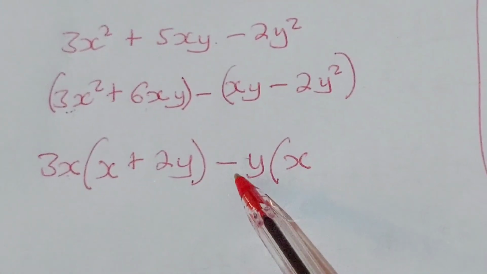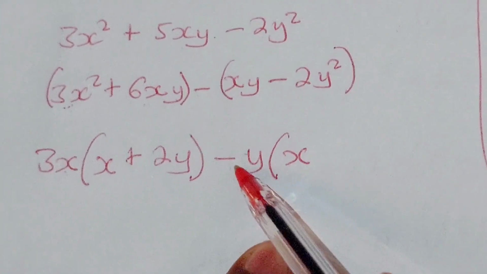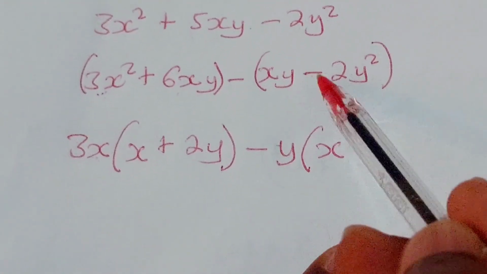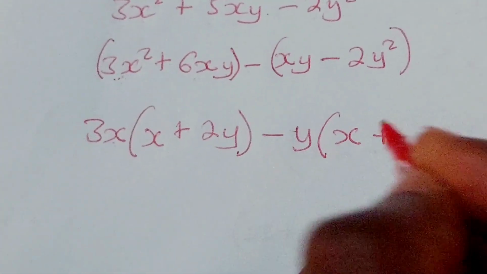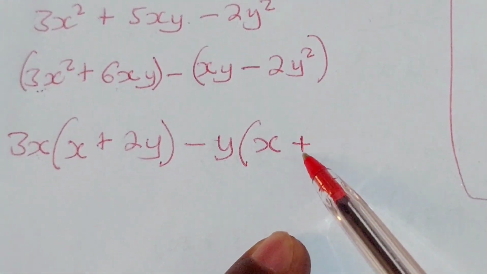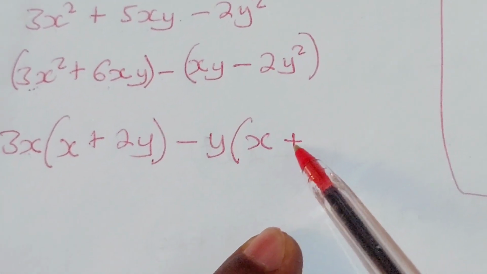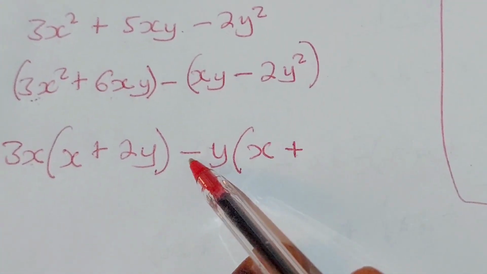You notice that our factor outside is bearing a negative sign. Therefore, for us to maintain a negative sign here, we are supposed to put positive here, because negative multiplied by positive is always negative. So that's why we change the sign here.